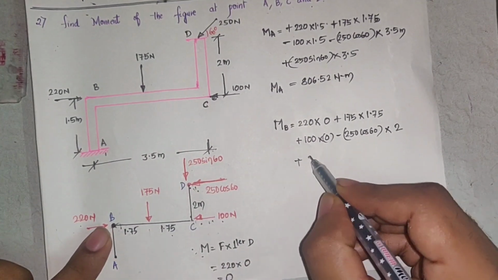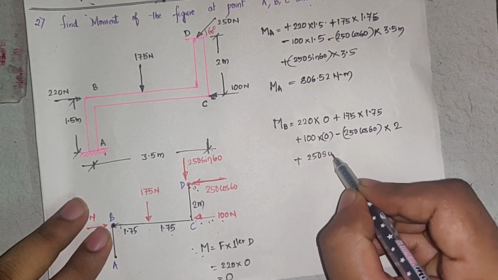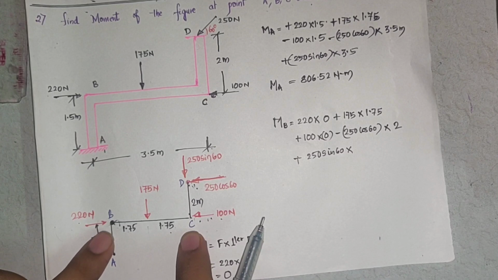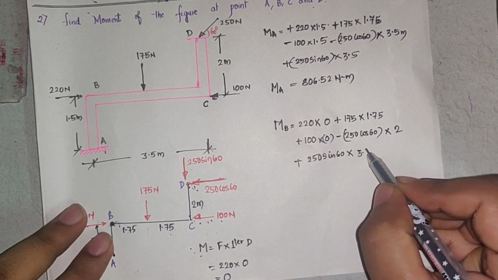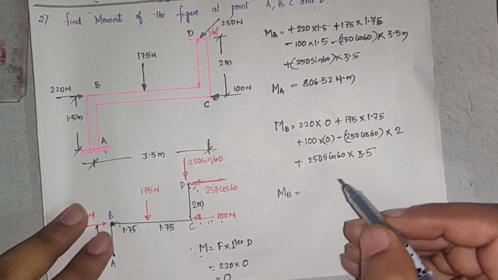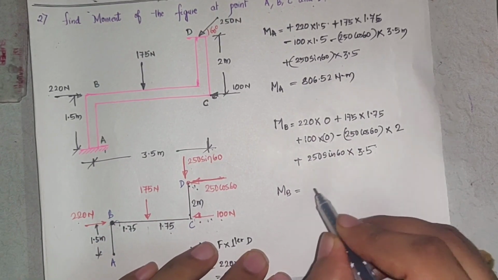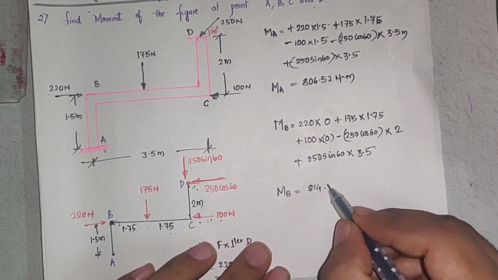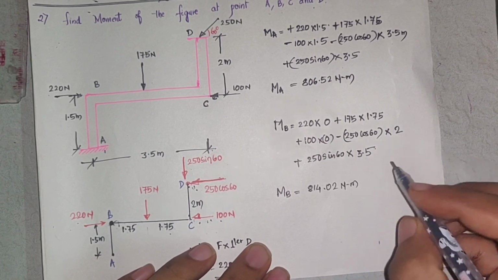So plus 250 sin 60 into the perpendicular distance 1.75 plus 1.75, which is 3.5. So you'll get the moment about B as 814.02 Newton meter. Please check with the answers.